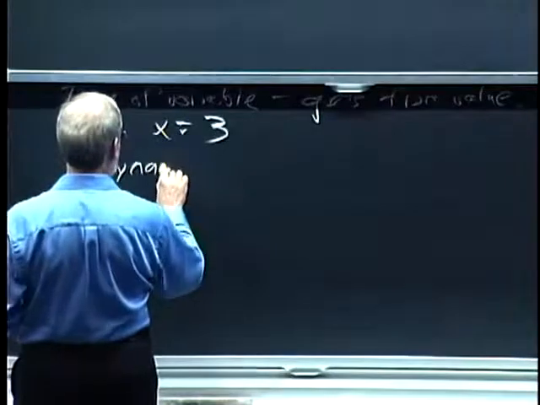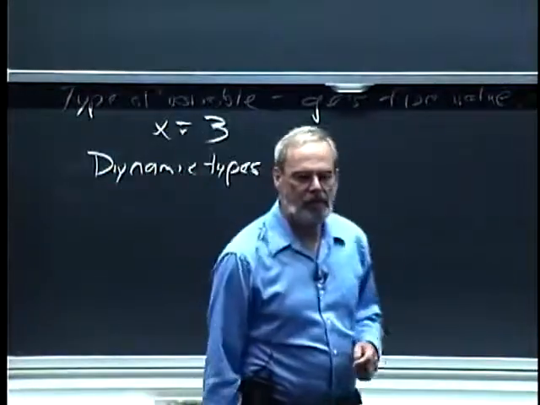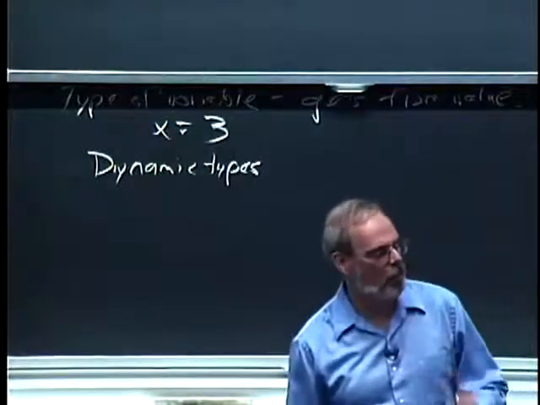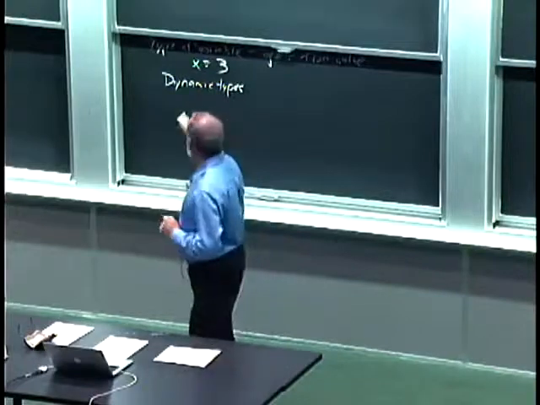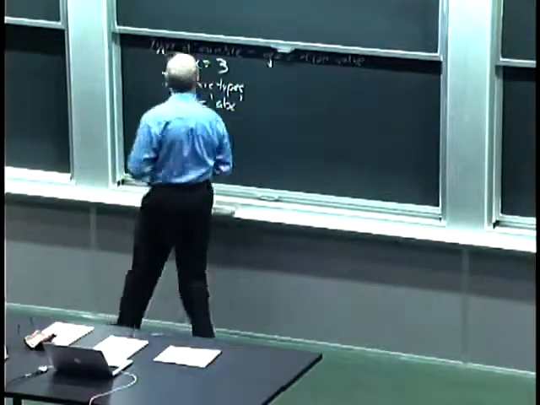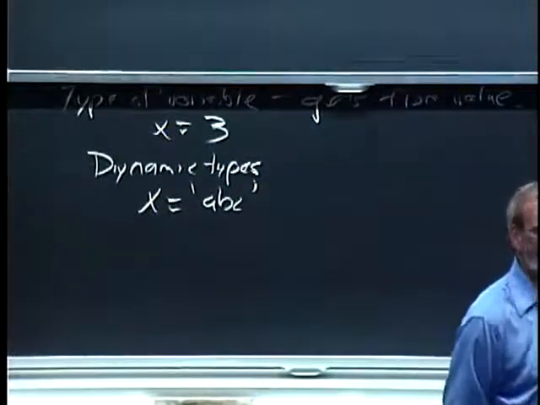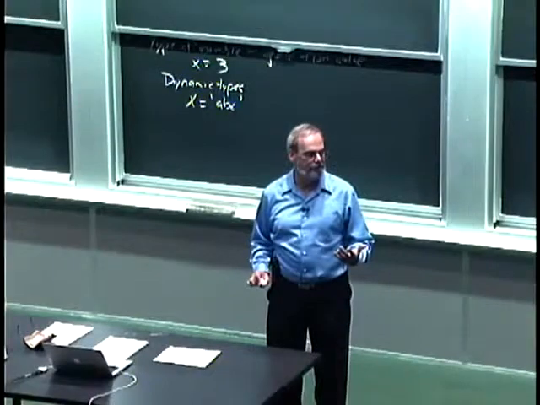Or the type, rather, is dynamic, meaning it changes depending on what the current value is. Or said a different way, if somewhere later on in the program I do this, x now has changed its type from int to string.